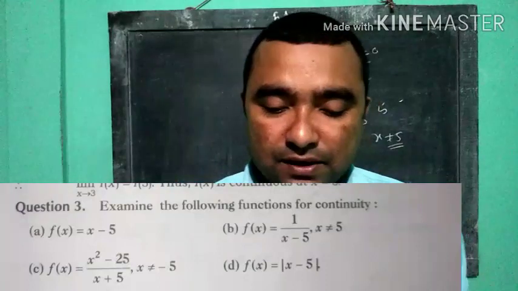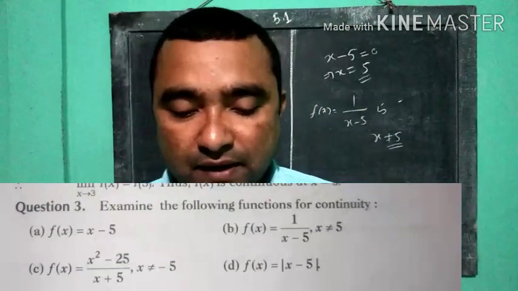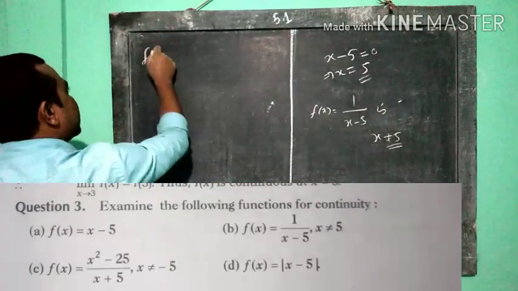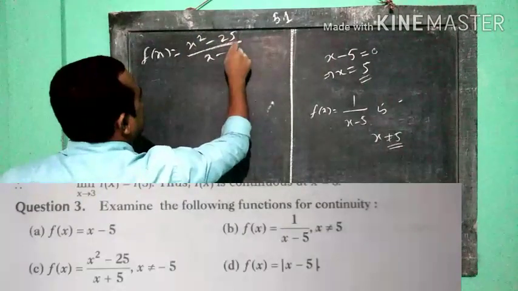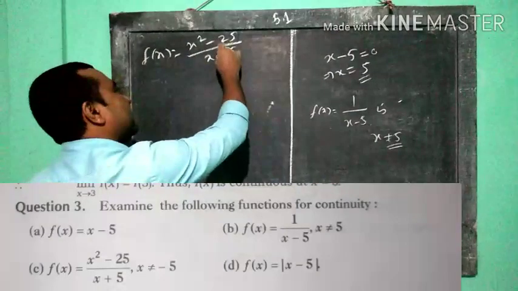And part c is f(x) equal to (x² − 25) divided by (x − 5).